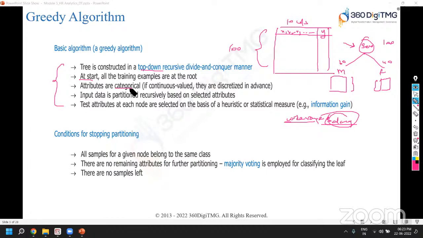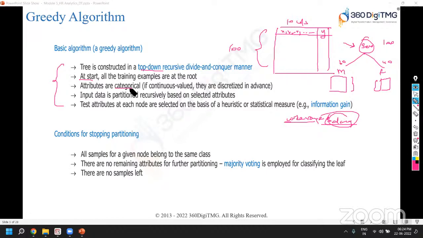Ultimately, we are doing this approach to decide on an outcome, right? If I can take a decision with respect to the output, then we can stop the growth of the tree because you're able to take a decision. You don't need to further grow the tree. That's the logic.